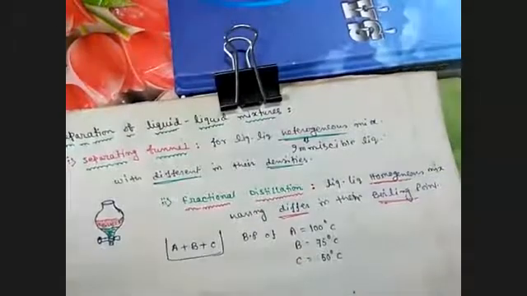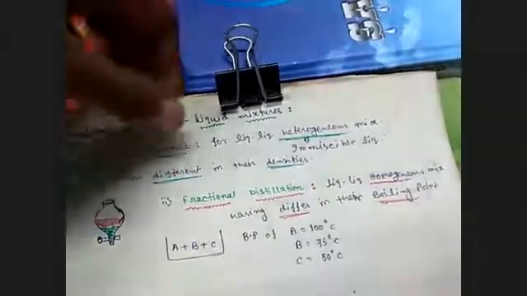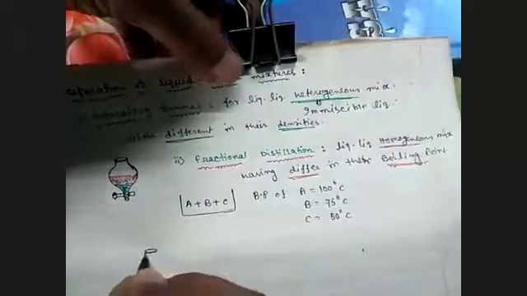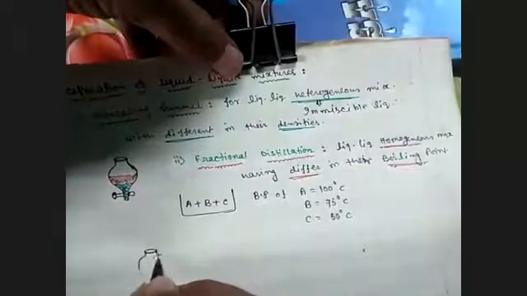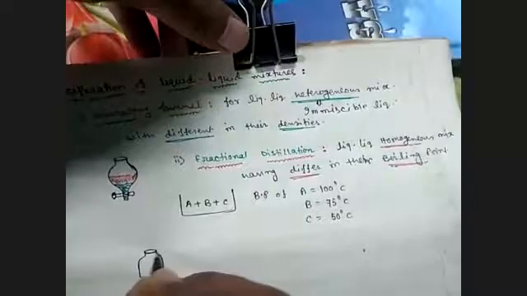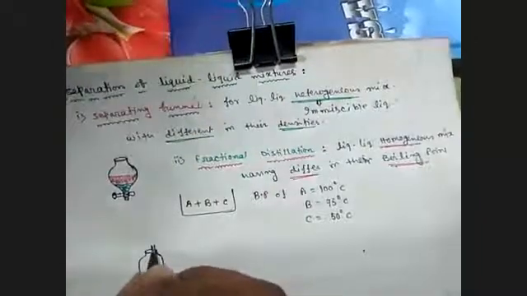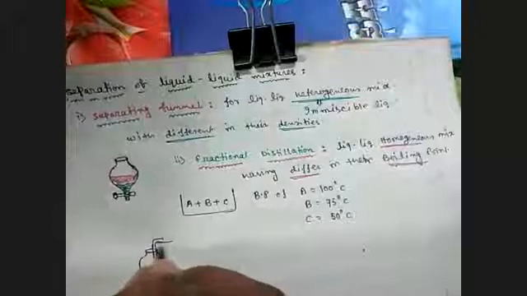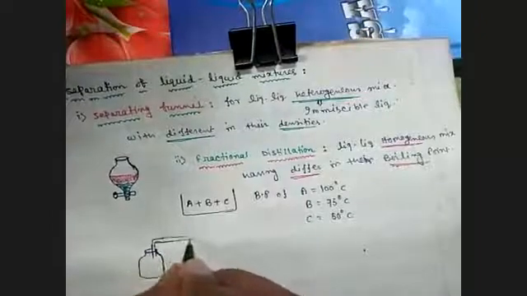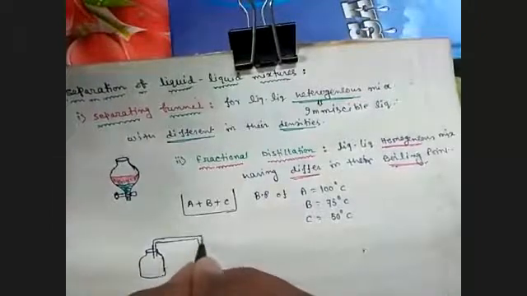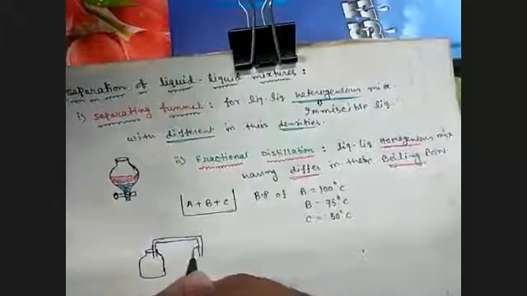All of them having different boiling points. Now we will heat after taking that mixture ABC in this tube, and the vapors will be collected by that condenser.